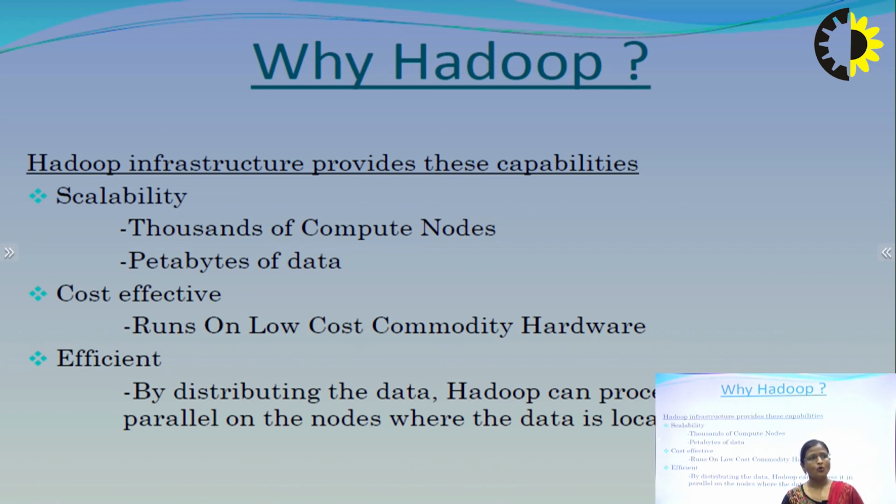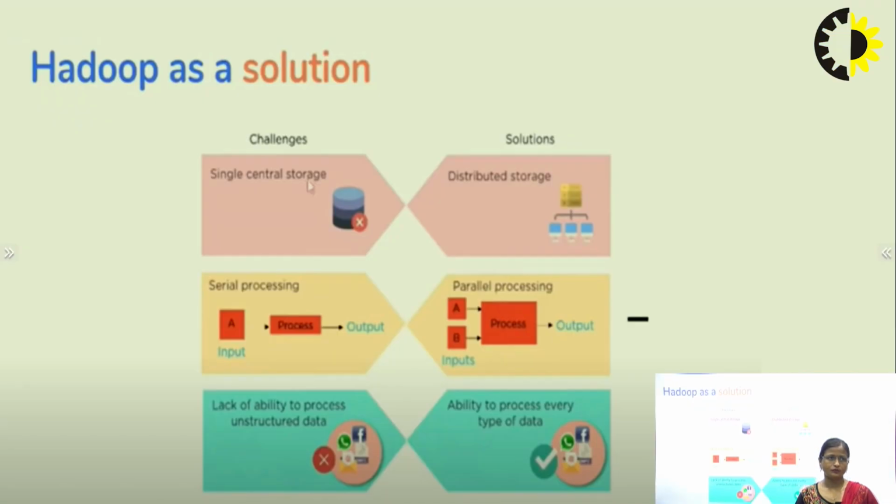Then it is also cost effective because it runs on low cost commodity hardware, so that is why it is cheaper. So that is the reason Hadoop is used. Then third is efficiency, because the data is distributed, so Hadoop can process it on the parallel nodes where the data is located. So that's why it is more efficient.